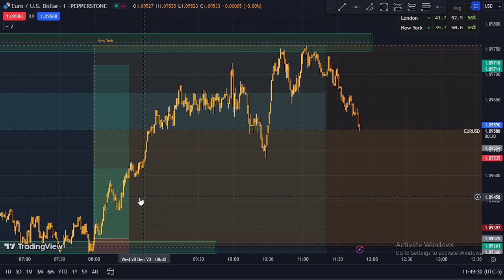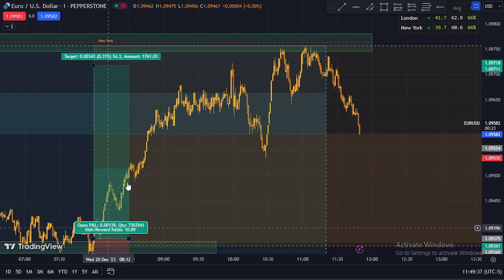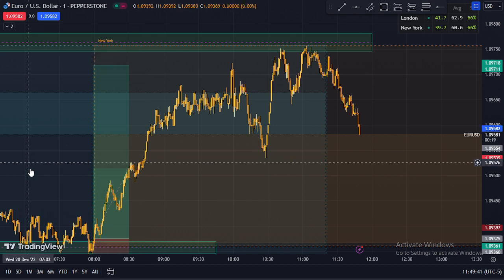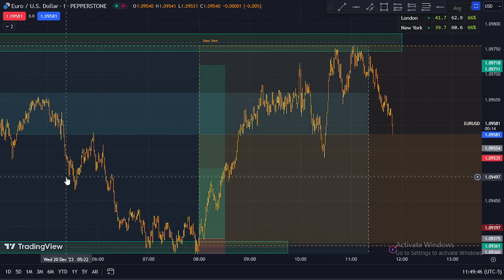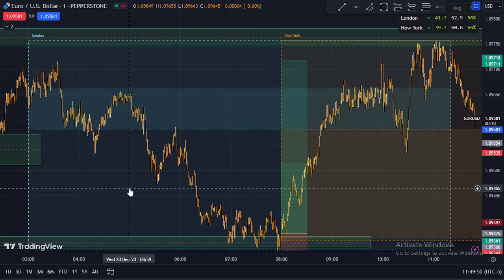Within the kill zone or the silver bullet window of time is when you anticipate good trades to manifest and to happen.